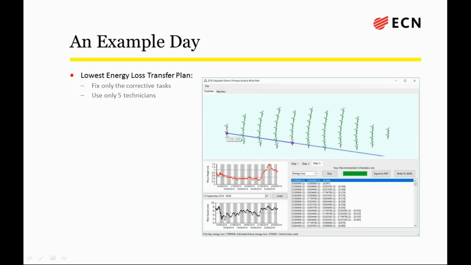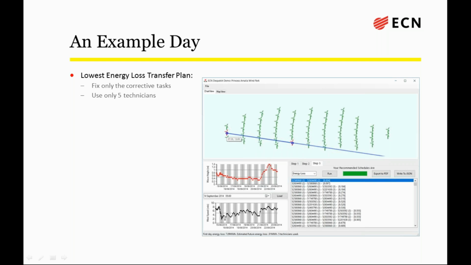Although you'll also notice that it's chosen 3 technicians for one of the turbines, 2 technicians for the other, and in fact the second transfer plan in the list is simply the same transfer plan but with the 2 service orders swapped round in order, and that makes it worse.